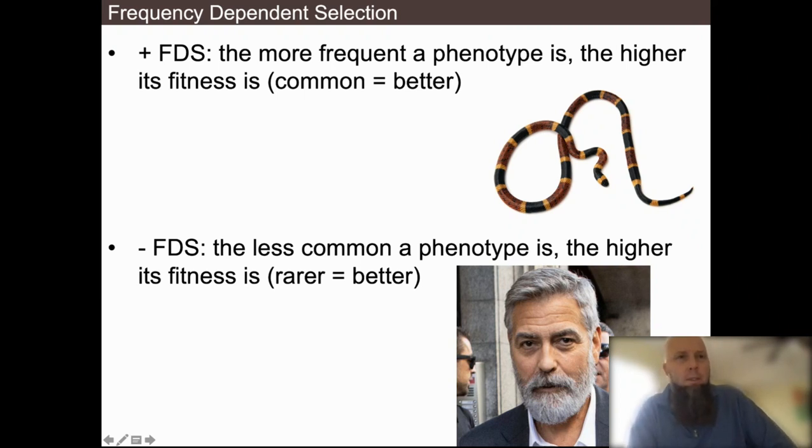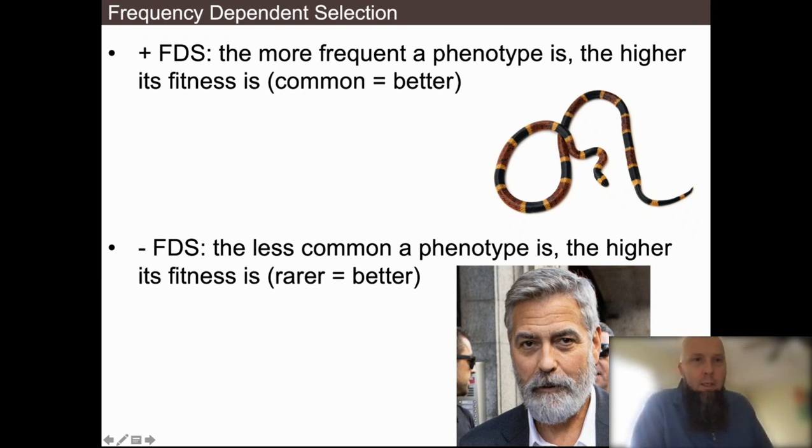The next thing I want to touch on is selection that is dependent upon the frequency of the genotype. If that genotype is most common in the population, then frequency dependent selection would give it the highest fitness.